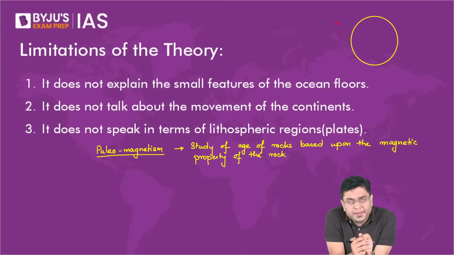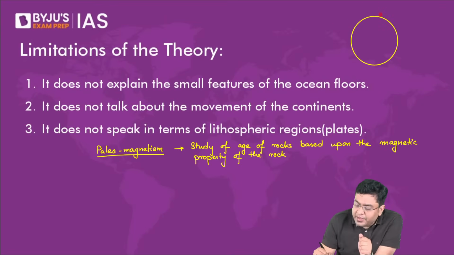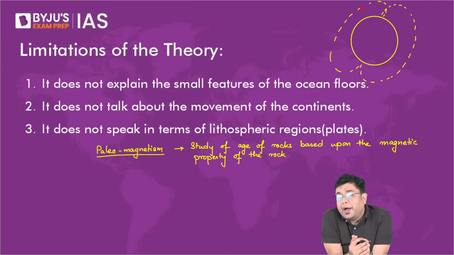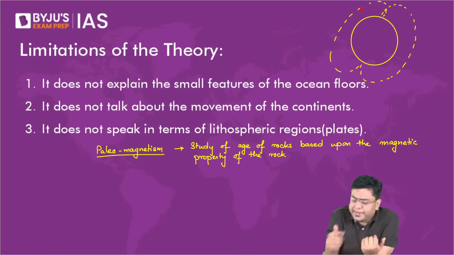Right? Now, the geomagnetism that we have studied indicates that we have magnetic field lines across the planet. Now, when a new rock is getting created, let's suppose here a new rock is getting created, in this region.